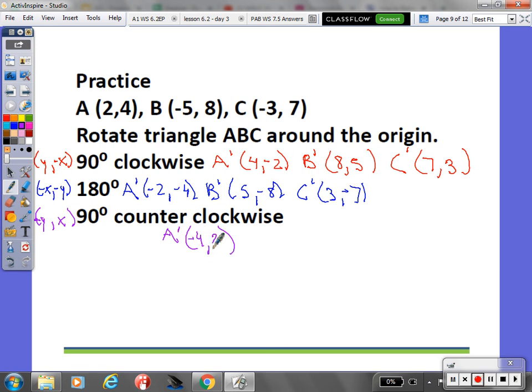And then the X value becomes the Y. B prime, opposite of Y, so -8, and then the X drops in without changing. And your C prime would be -7, opposite of that Y value, and then your X stays the same. So after that rotation about the origin, each one of those, just following those patterns, nothing different.